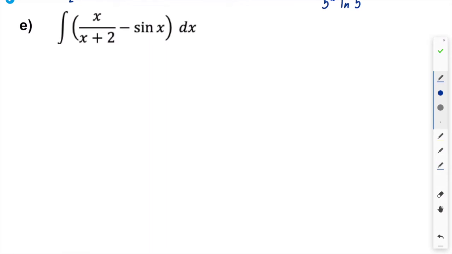And here is question E. Here we have the integral of x over x plus 2 minus sine x dx. Okay. Now I notice that the second term here is easy to integrate. So I will first split up these two terms.